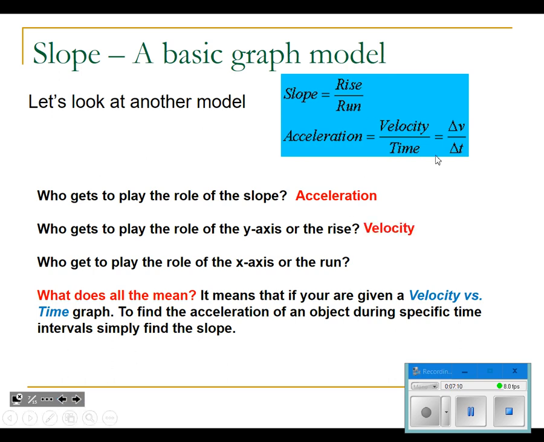Who gets to play the x-axis or the run? The time does. What does that mean? If you're given a velocity versus time graph, then to find the acceleration, you would use the slope. So the slope of a velocity versus time graph will give you acceleration.